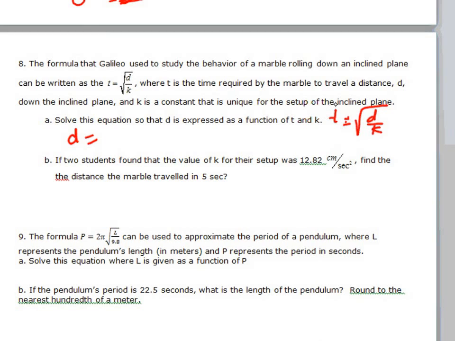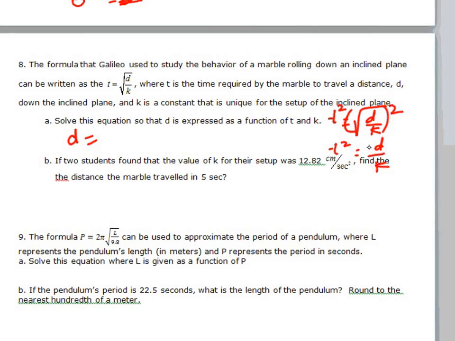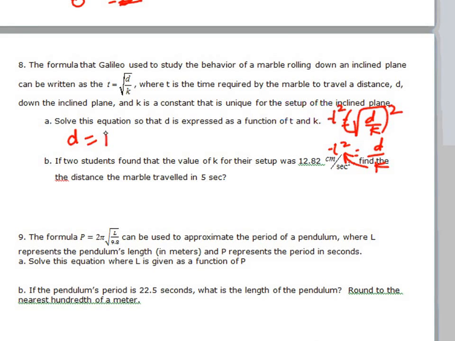So t squared is equal to d over k. The idea is to find the value of d. So cross multiply your k, you will in fact get d as k times t squared. So this is your equation.